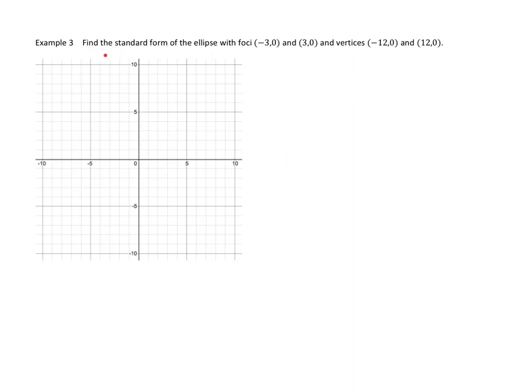Let's find the standard form for the ellipse with foci (negative 3, 0), (3, 0), and vertices (negative 12, 0) and (12, 0). So the x values are non-zero. That means it's stretching further along the x-axis. The equation must be of the form x squared over a squared plus y squared over b squared is equal to 1, again, where a squared is greater than b squared.